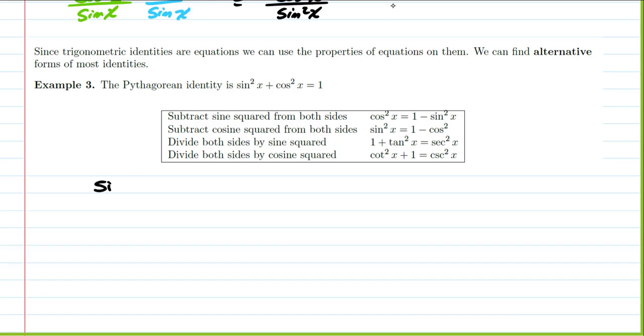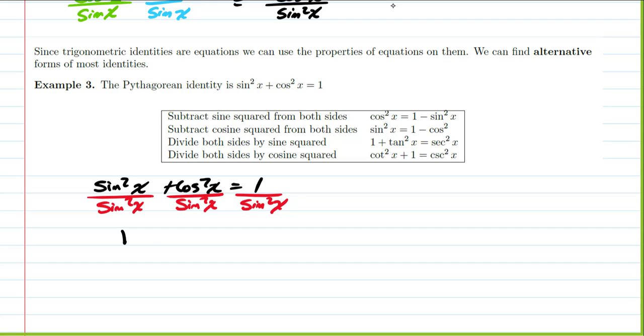So we have sine squared x plus cosine squared x equals 1. If I divide both sides by sine squared, well, anything divided by itself is 1.